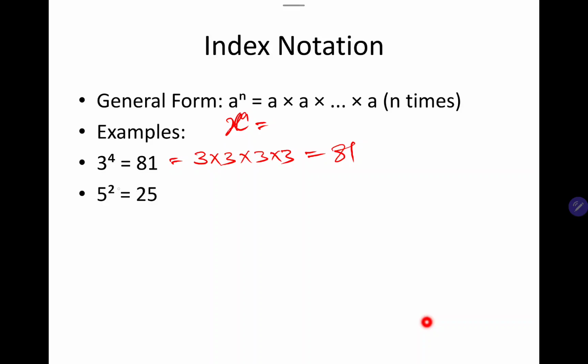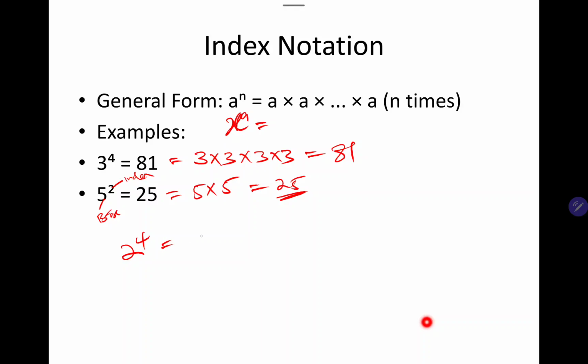Here you have 5 raised to the power 2. Note that here 2 is the index and 5 is the base. This is the same thing as 5 squared, which is 5 times 5, and this is equal to 25.